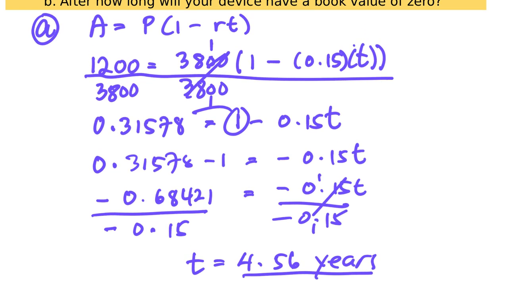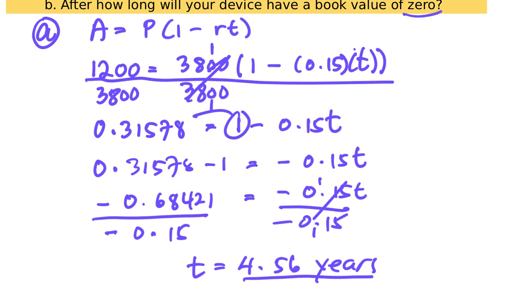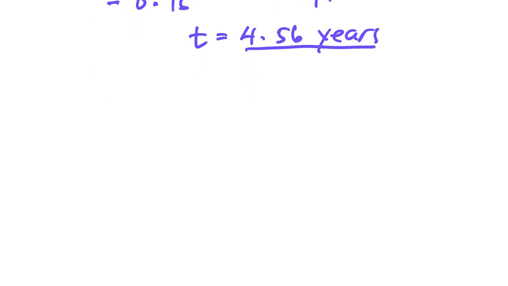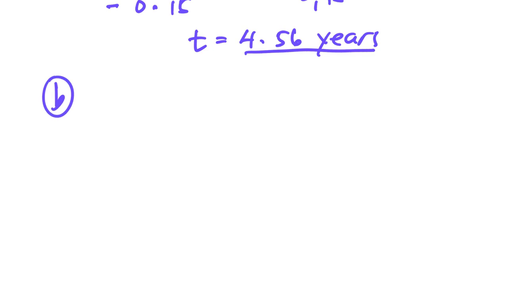The second one in here asks how long before it's going to become 0. So let's look at letter B. Letter B. So A is equal to P times 1 minus RT. It says 0. The final amount is 0.